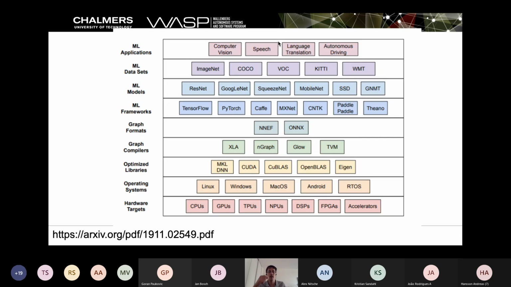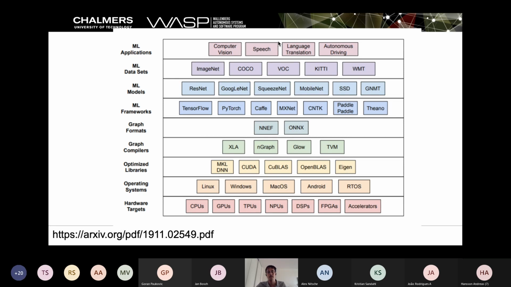For example, there is this paper here, and they describe different levels that you should think about when comparing machine learning algorithms. It can go from the hardware, operating system, mathematical libraries, compiler, format, the framework that you're using, the machine learning model, and of course you're applying that to a specific data set in a machine learning application.